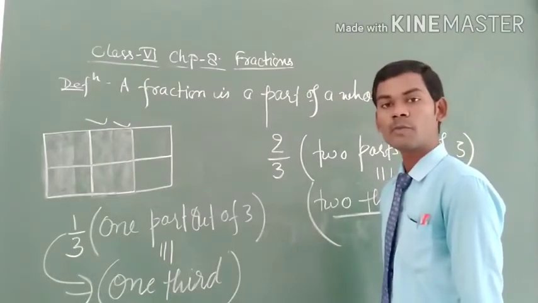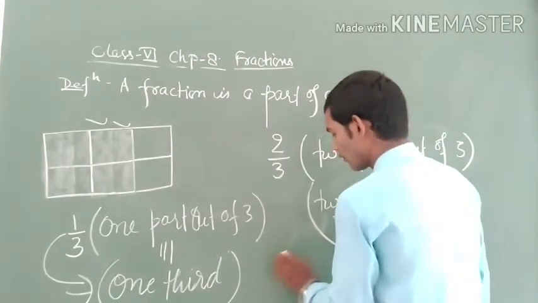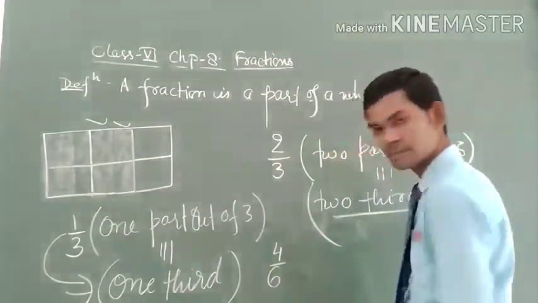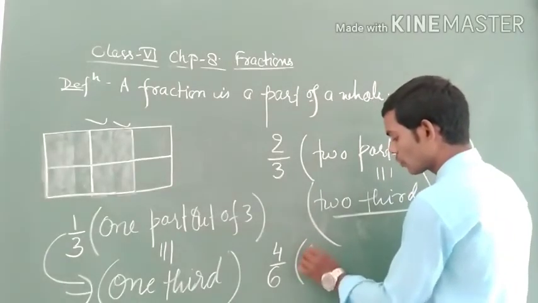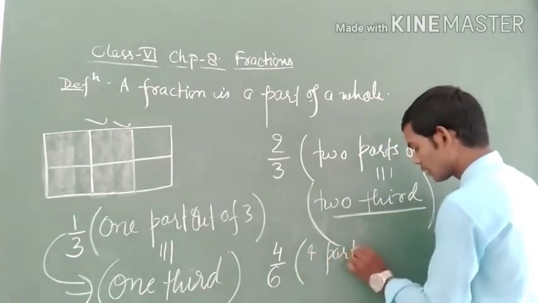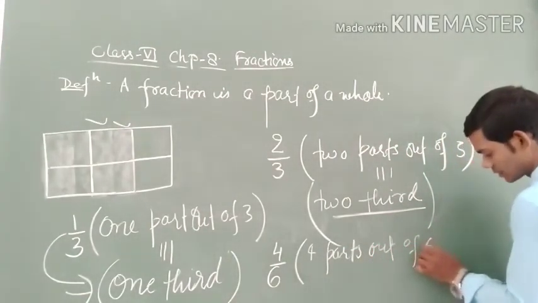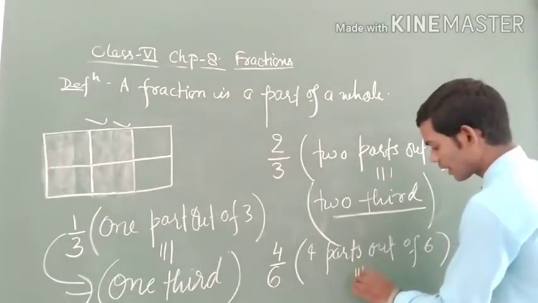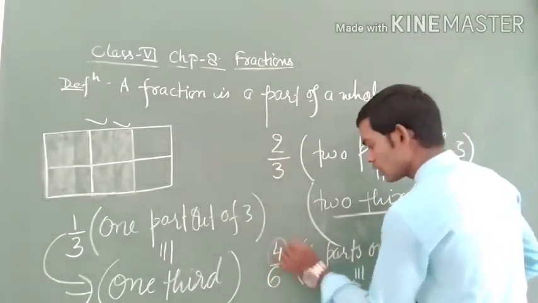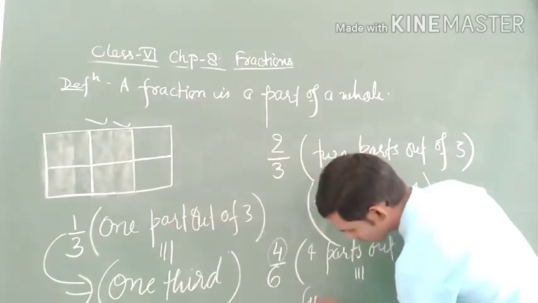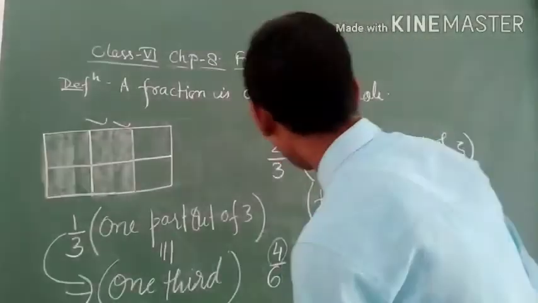How many parts? 4 parts. Out of how many? 6. So here we write 4 upon 6, which is the fraction 4 upon 6, and the meaning is 4 parts out of 6. And what will be the equivalent name?